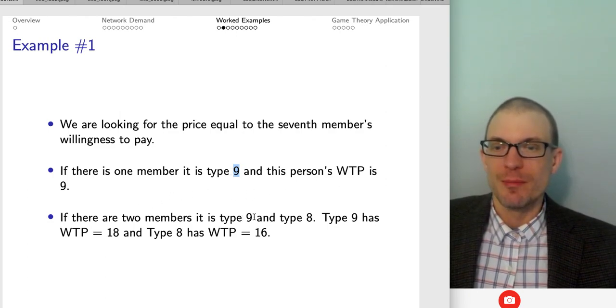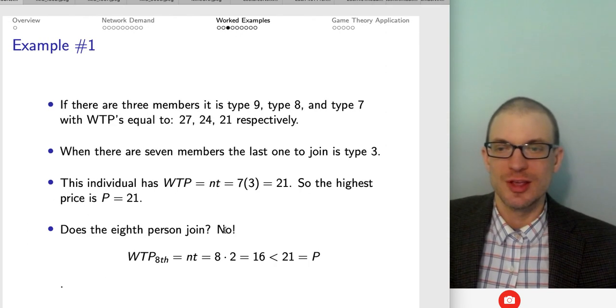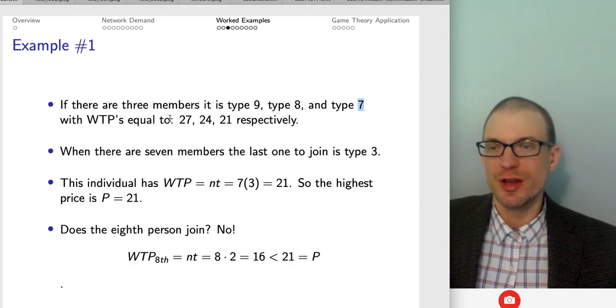If there's 2 members, the people who join are type 9 and type 8. Type 9 has a willingness to pay of 18 because there's 2 people. 2 times 9 is 18. Type 8 has a willingness to pay of 16 because it's their valuation of 8 times the 2 people in the network, which is 16. If we have 3 members, type 9, type 8, and type 7 are the ones who join. So their willingness to pay are 9 times 3, 8 times 3, and 7 times 3.